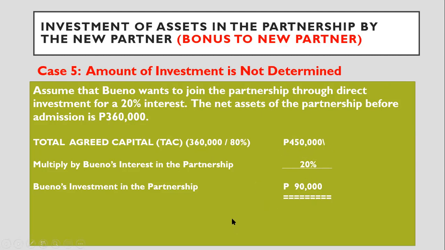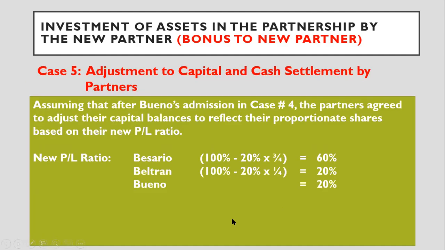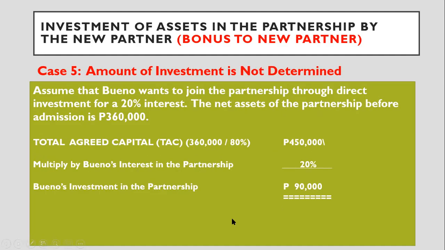Okay. I did not give the journal entry for this one, but if you ask, is there a bonus given to the new or the old partner? Actually, there is no bonus given. So whatever is the amount invested would also be the capital credit.